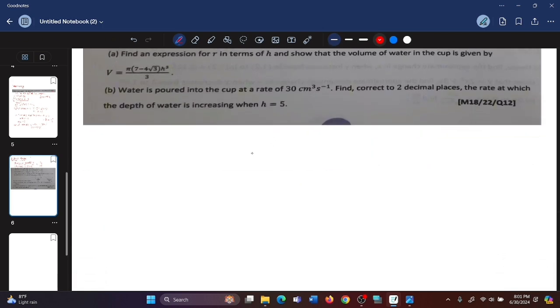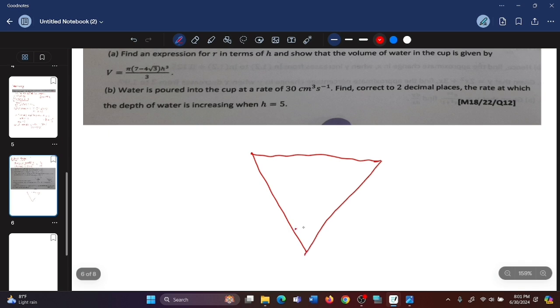It says there is a triangle. This angle is pi by 6, and the entire thing is 2r diameter. As the roof is circular and the radius is r, then the diameter should be 2r.